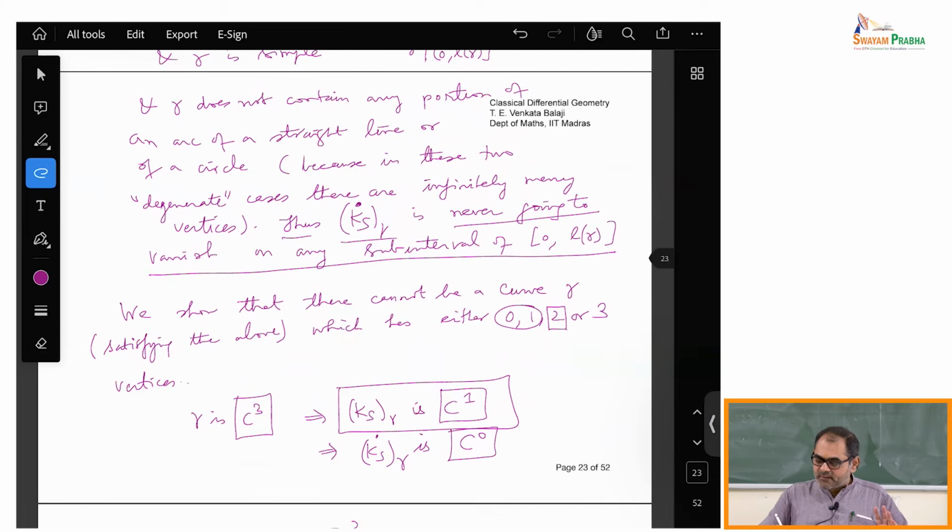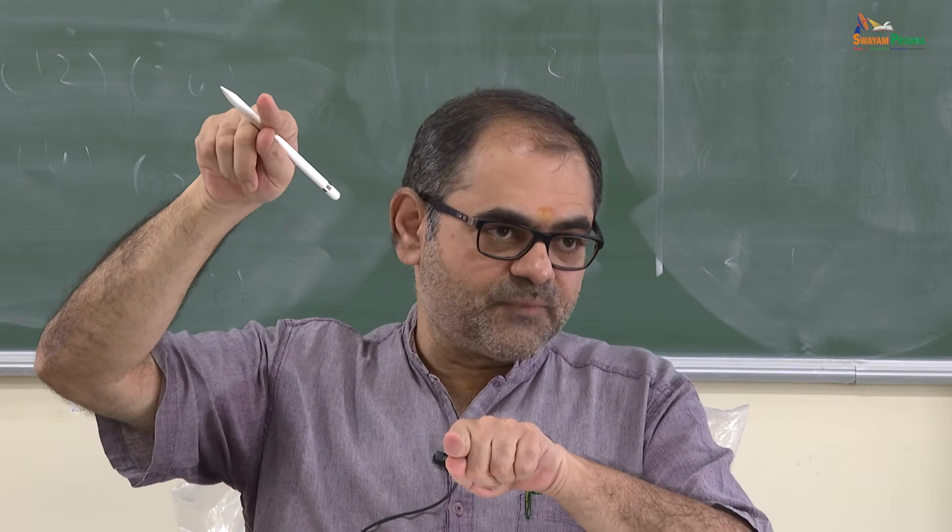Now you have to worry about only two situations. The first is that there are exactly 2 vertices. If there are exactly 2 vertices, they have to be these 2 points where the sign curvature has a global maximum and a global minimum. Then the other thing is, there may be one more extra vertex. That extra vertex can be of 2 types.